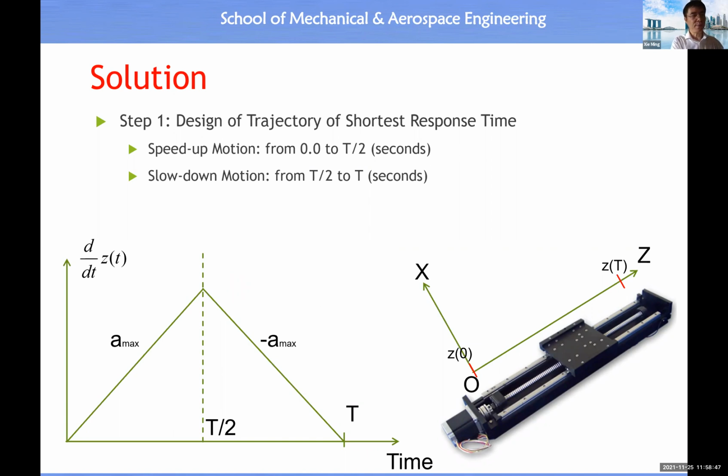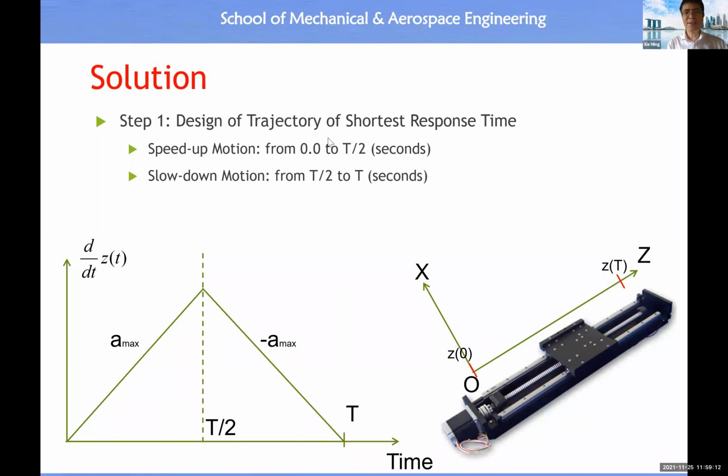So we need to design a trajectory for the robot. And here we choose the solution with two phases, because we want to know the shortest traveling time. Therefore, we just have a speed-up phase immediately followed by a slow-down phase.